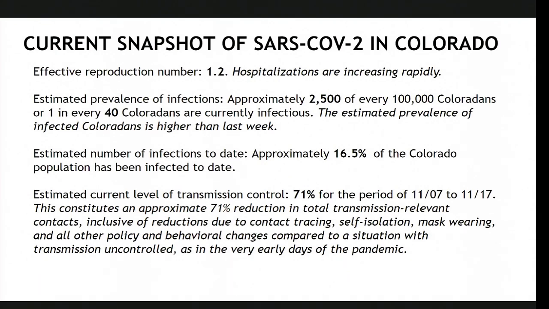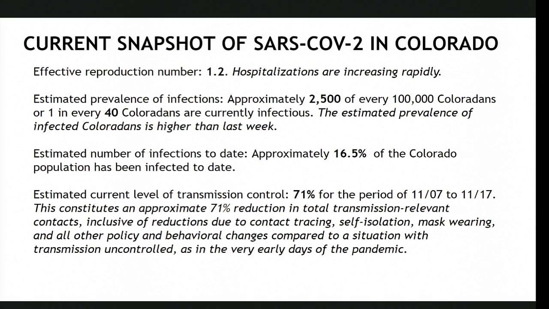Because of how steeply the curve rose and how many people became infected, we still have a high prevalence of infection across the state. We estimate that around 16-17% of the Colorado population has been infected to date. That's a substantial percentage, but of course it's nowhere near where we need to be to achieve herd immunity.